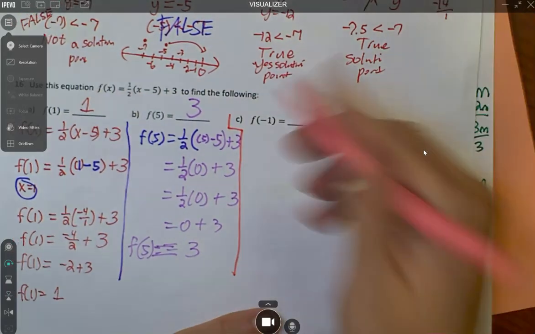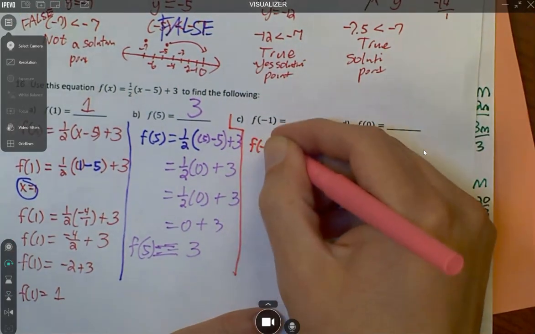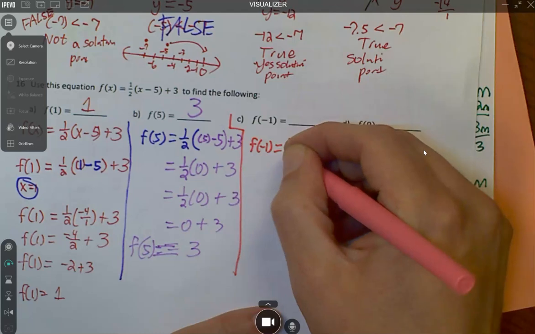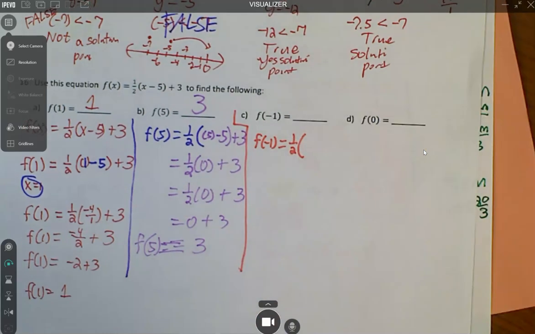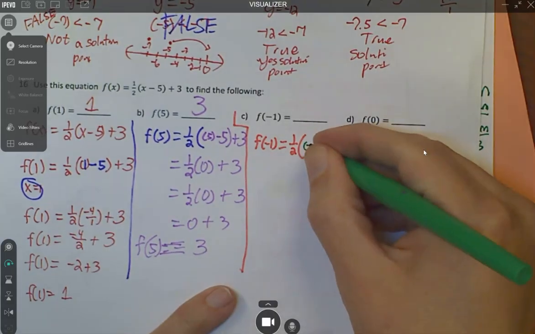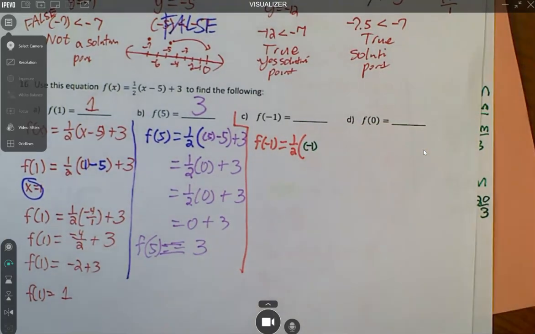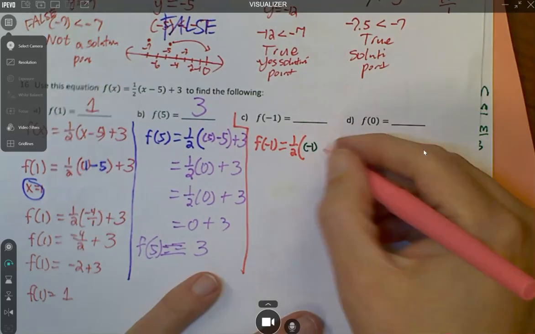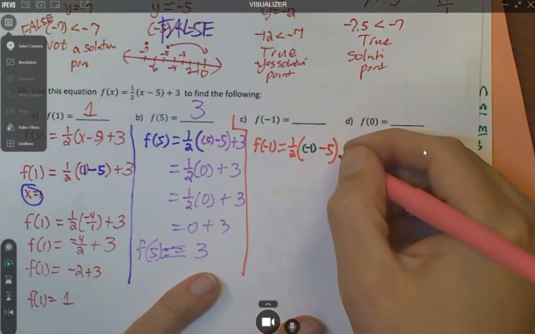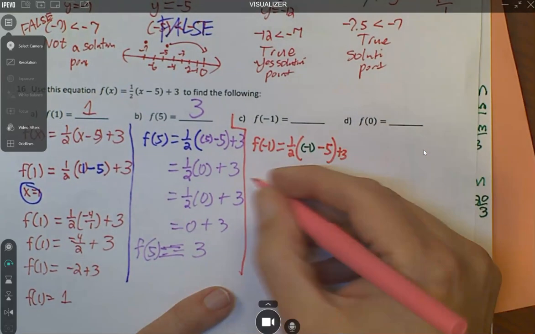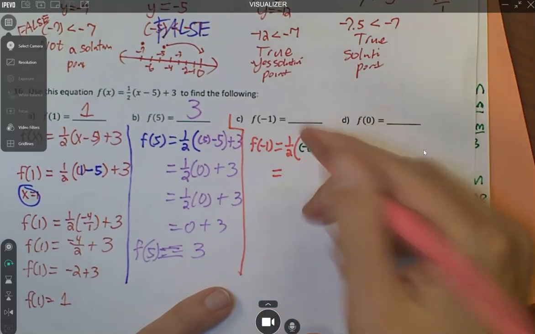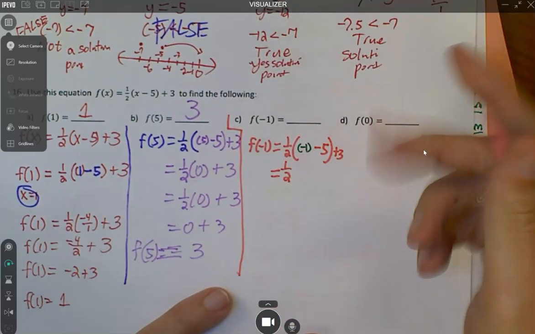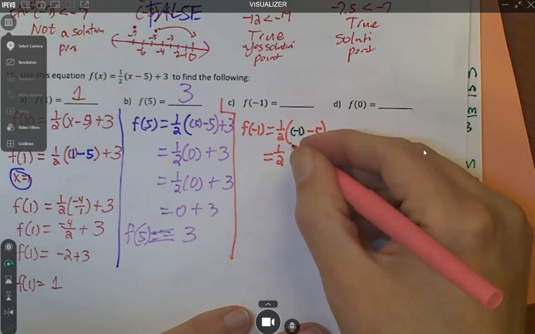Alright, here we go. Same thing. What are we going to put in for x this time? You guessed it. Negative 1. Okay, if you don't want to write f of negative 1, you can just do it at the end like I did.